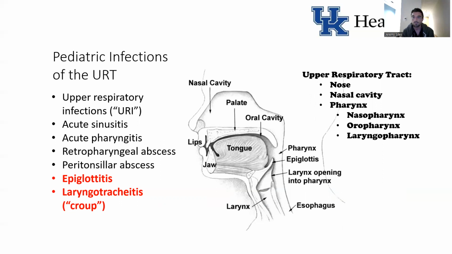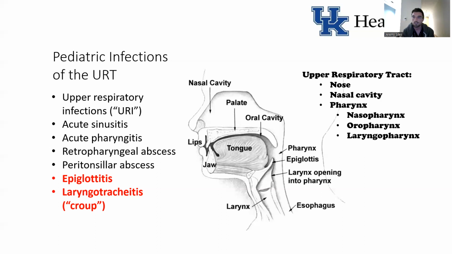From there, air will travel into the pharynx, and the pharynx is then subdivided into 3 sections: the nasopharynx, the oropharynx, and then the laryngopharynx, the portion of the airway just above the vocal cords. And so a simple way to remember the upper airway is just remembering that portion of the airway above the vocal cords. Here listed are some common infections that affect the upper respiratory system in children.